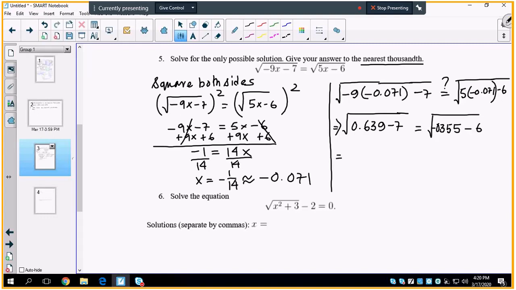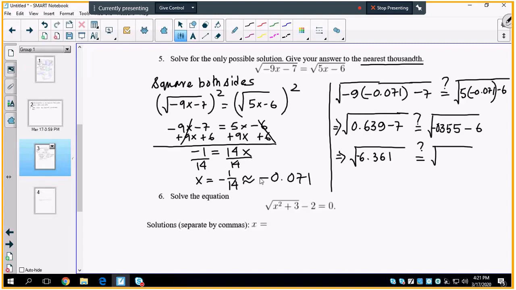So on the left hand side, now you are subtracting 7 from 0.639. So you are supposed to get 6.361. But all of that is negative because 7 is the negative number here, which is heavier. Question: is this equal to the other side?